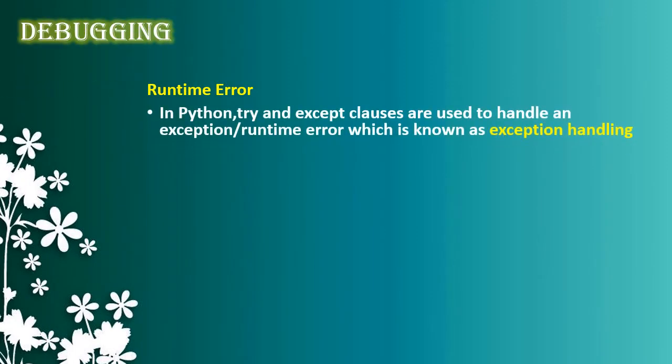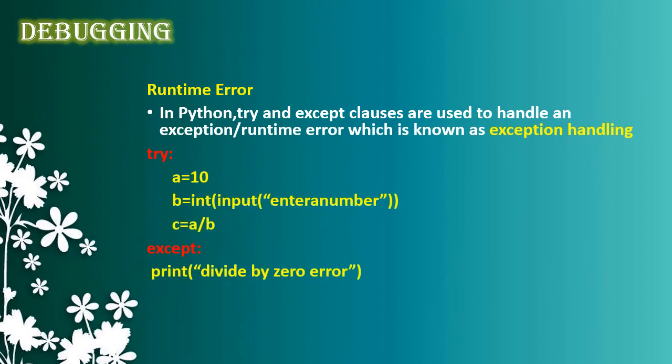Runtime errors we can handle in Python, and that is called exception handling. We handle that exception using try except statements. The execution statements we have to place under the try, and once the error occurs, it will be caught and handled under the except part.